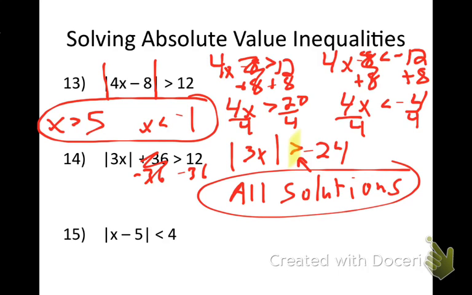If that inequality were flipped and it said less than, then I would get no solution because it could never be less than a negative. It could never equal a negative. But because it says it's greater than, it will always be greater than a negative. Even if I put something in there that gets me a 0, even if I put x equals 0 in there, it will still always be greater than negative 24.